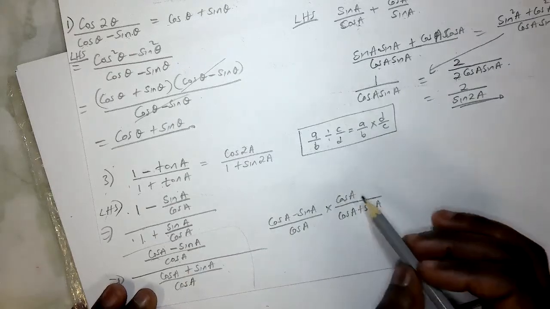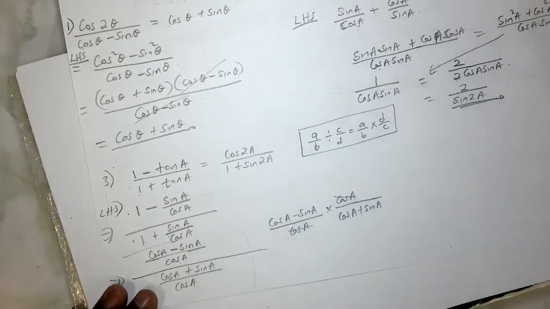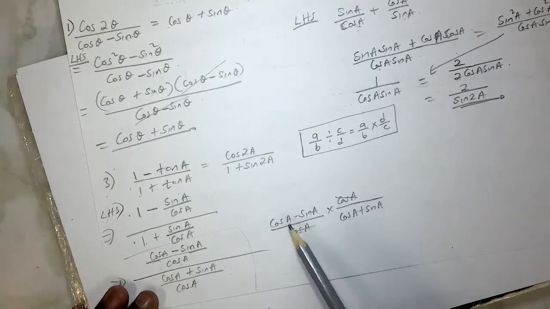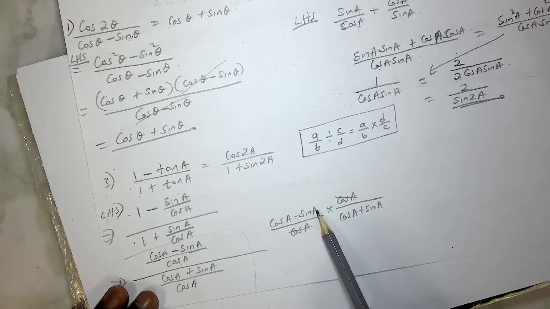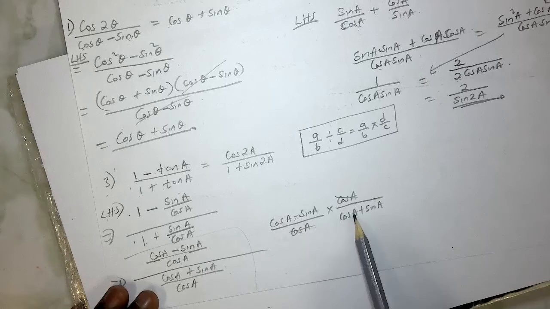Then this is common, so these two are going to cancel. And what we are left with is cos A minus sine A over cos A plus sine A.